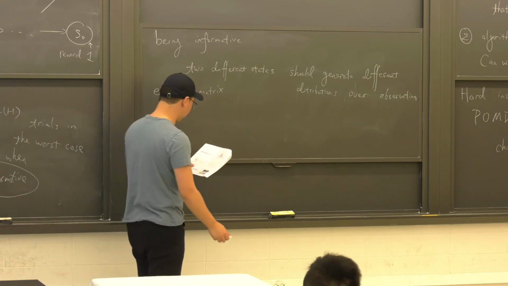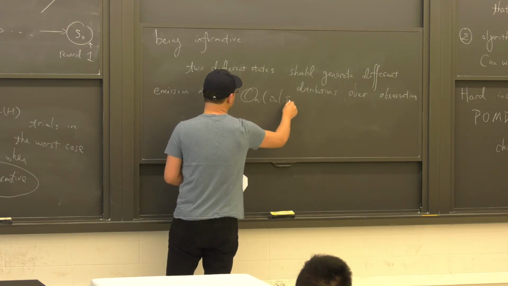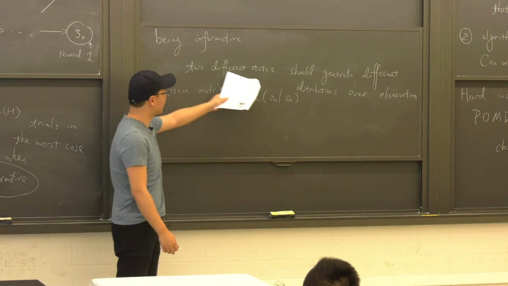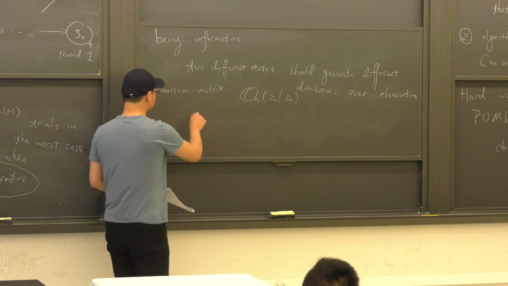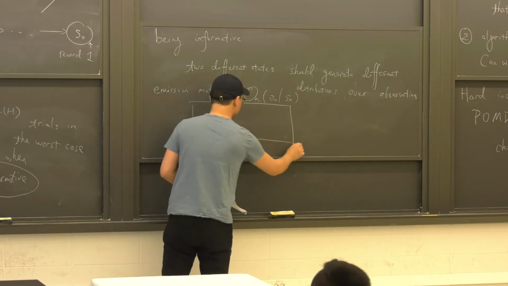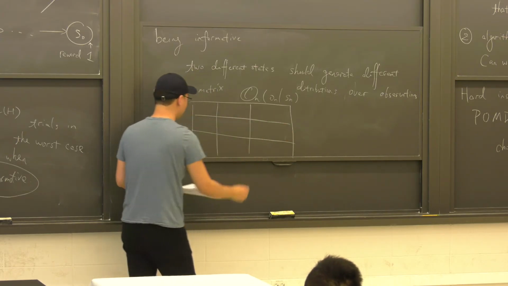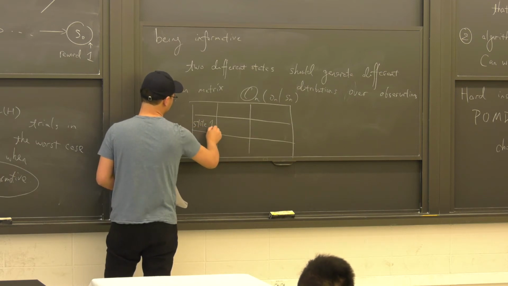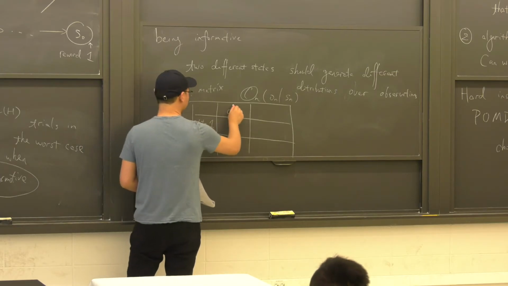Remember, the emission matrix is the probability of seeing observation O_h given state S_h at each step. So this is essentially talking about when we enter some state, what is the distribution of observations we're generating. So we can look at a simple case where, for example, we have two states and two observations.